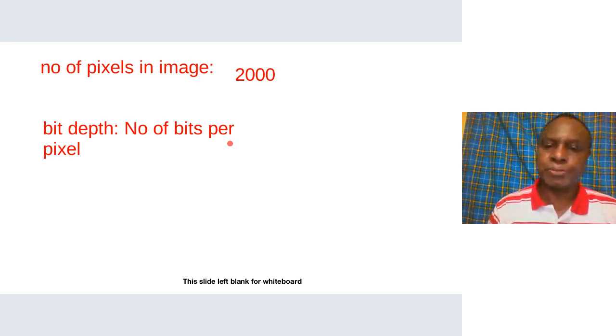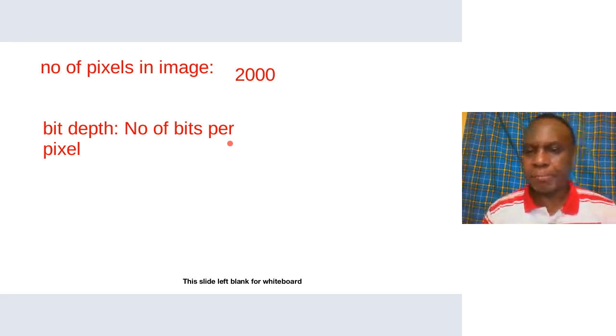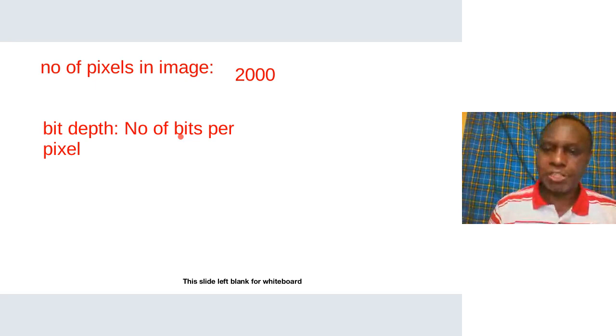We'll talk about that later, the concept of resolution. Sometimes it is also called points per pixel, something like a triple P. But anyway, bits per pixel. So what is the number of bits per pixel?